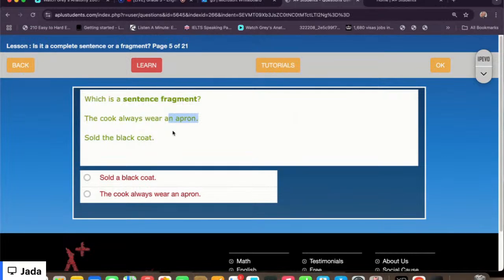Okay, so the sentence fragment is "sewed a black coat," because we don't know who sewed the coat.